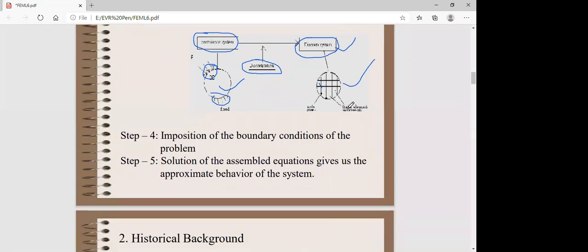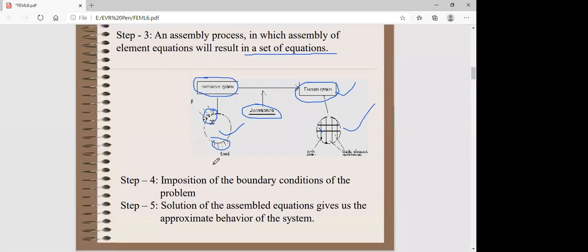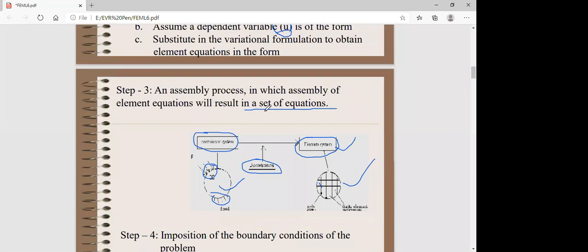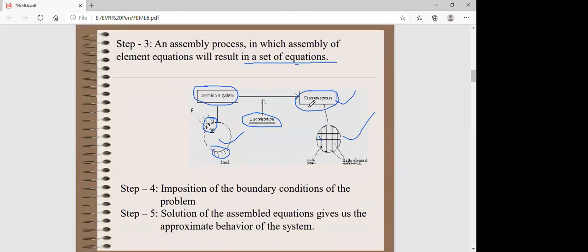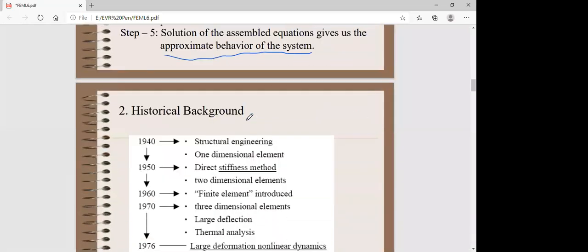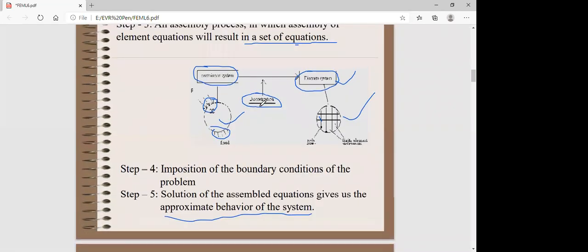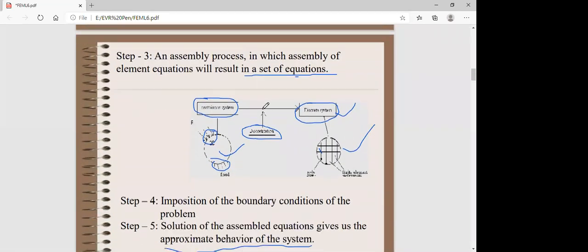In the next step, we impose the boundary conditions of the problem on this set of equations. Finally, we solve the above set of equations, and that gives the approximate behavior of the system. So these are the procedure steps in the finite element method.